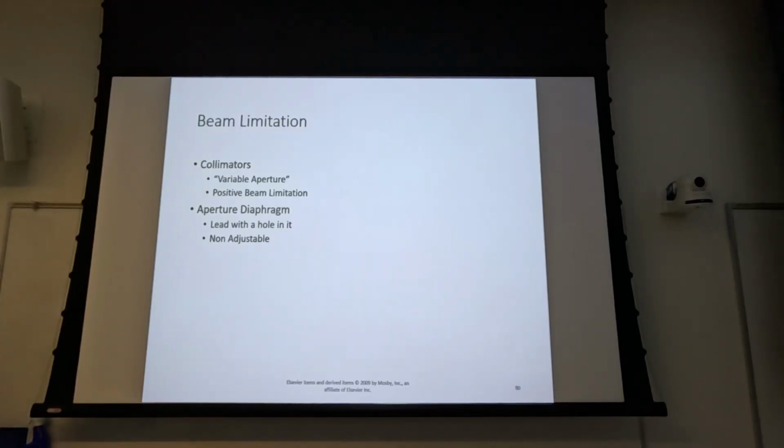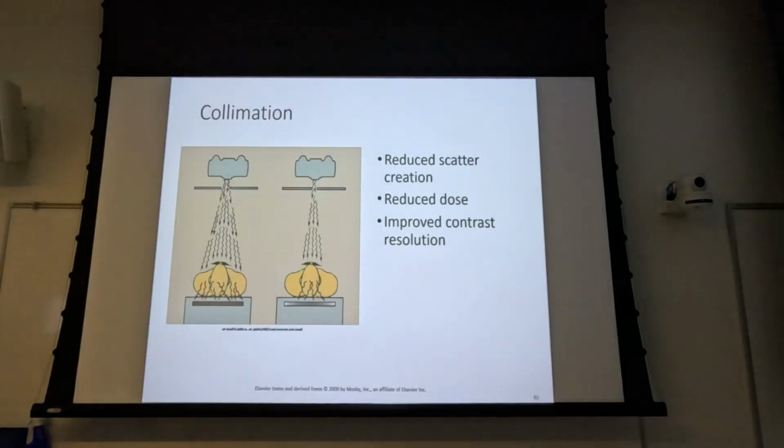Okay. All right. So beam limitation, all those. Collimation reduces the amount of scatter created because it reduces the amount of tissue that you expose.